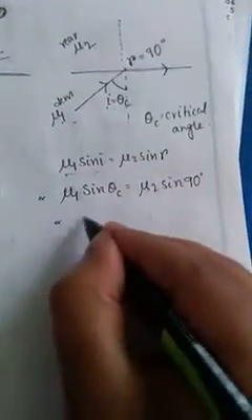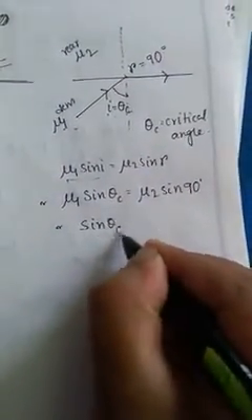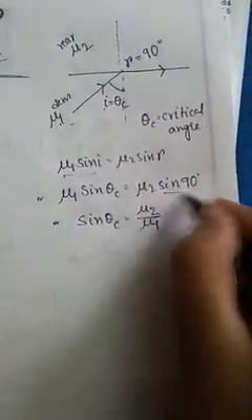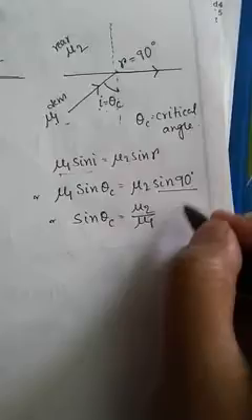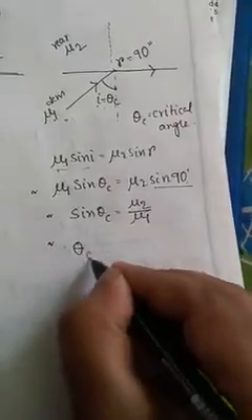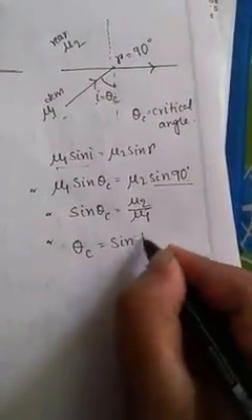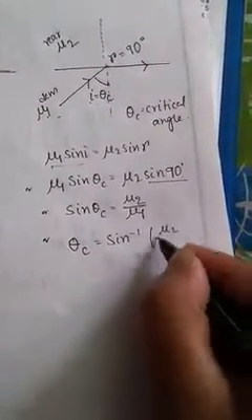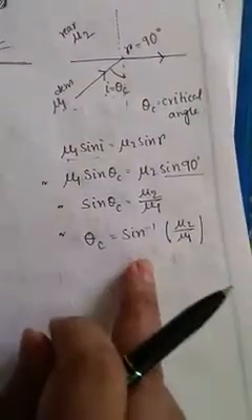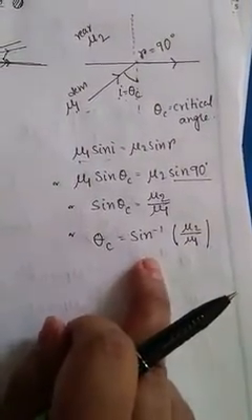So mu2 sin 90 degrees. So sin theta c equal to mu2 by mu1, since sin 90 degrees equal to 1, I know. So theta c equal to sin inverse mu2 by mu1. This is the formula.